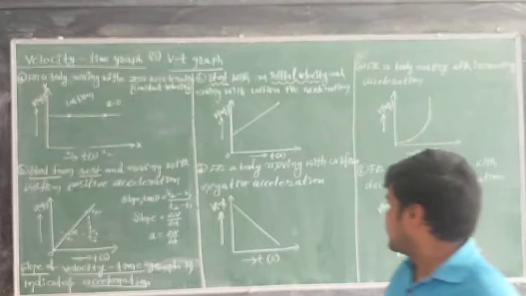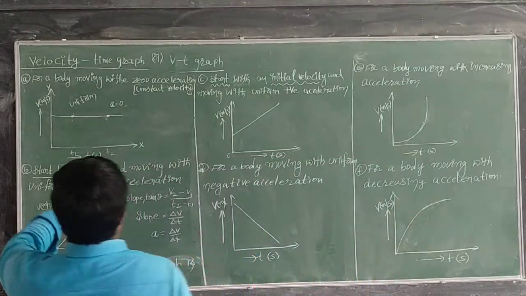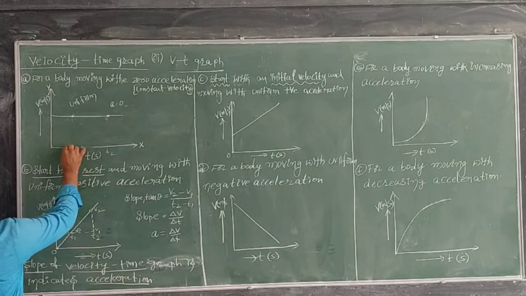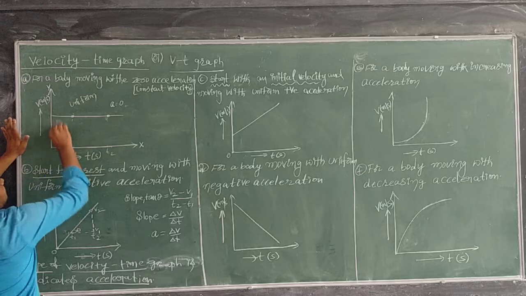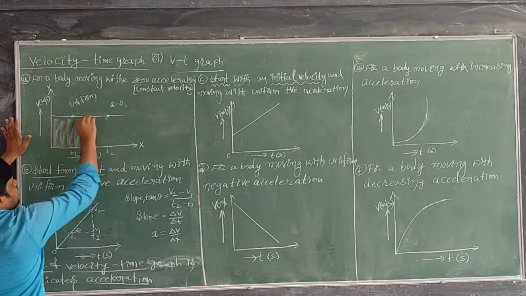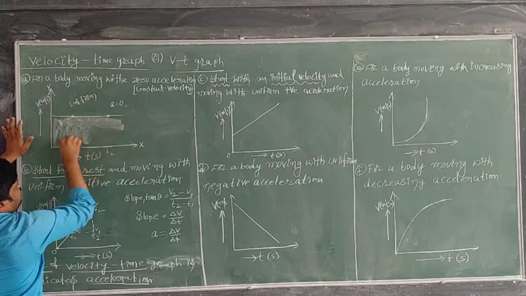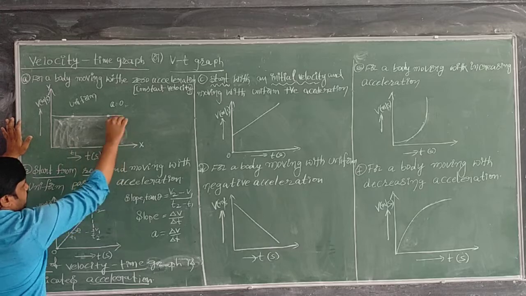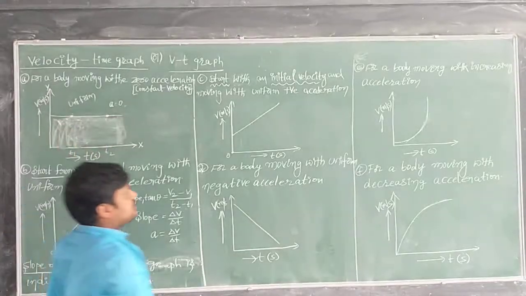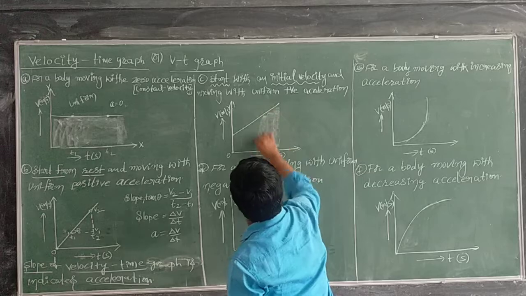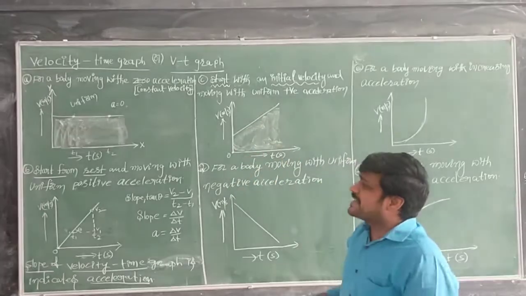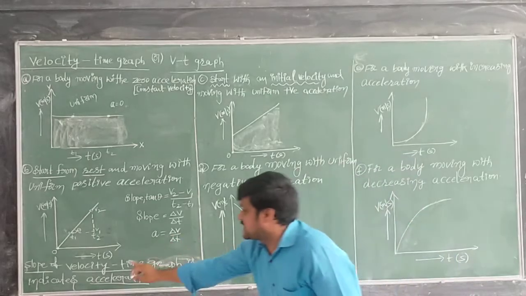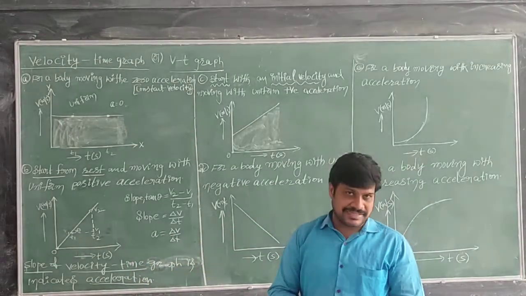Now here I want to tell one more point. If you take this one, what is this? This is the area under the velocity time graph. Whether you take it here or here, wherever it may be, this is the area. The slope of the velocity time graph indicates acceleration.